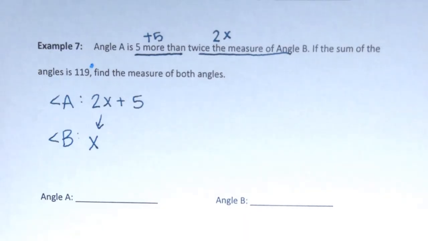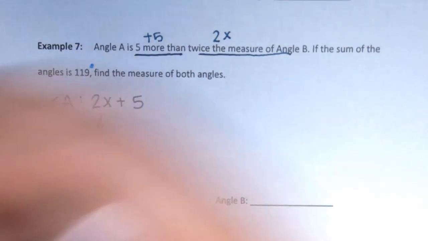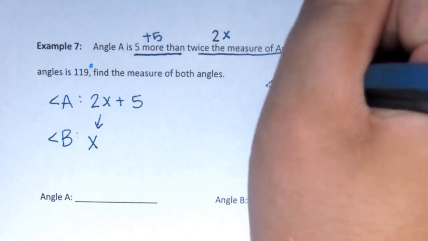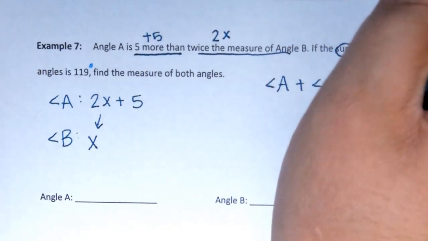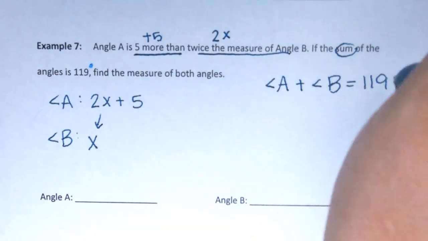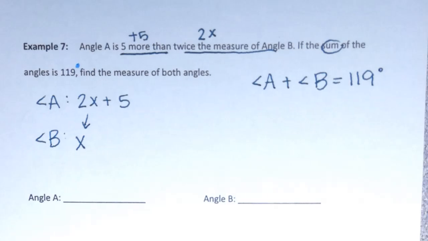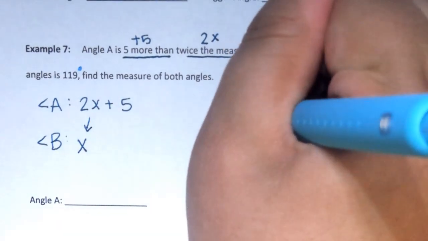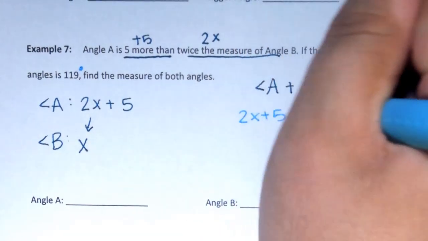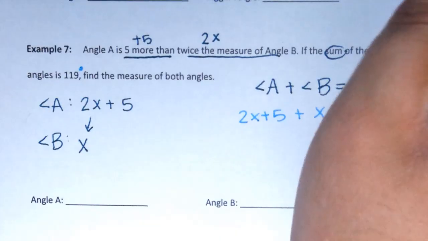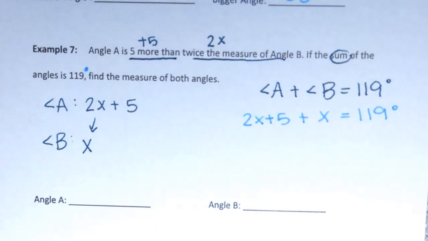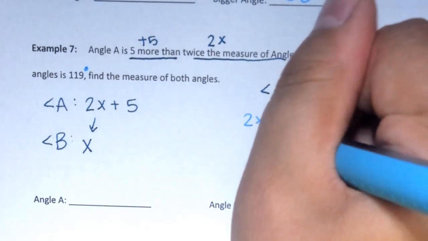What else do we know about these 2 angles? Their sum, so angle A plus angle B is 119 degrees. So what can I do? Substitute this in. And solve. And I'm going to let y'all do that quietly.